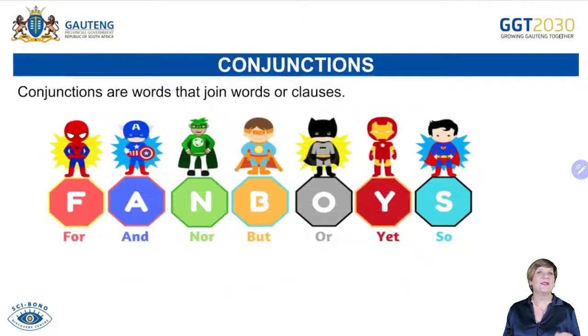So it's something small, maybe easier for you to remember. But so these are all conjunctions. These are all words that we use when we want to join sentences, when we want to join clauses. I need you to make sure that you are able to recognize them. So if I ask you to identify a part of speech in a sentence, this might be one of the things that you have to be able to do.